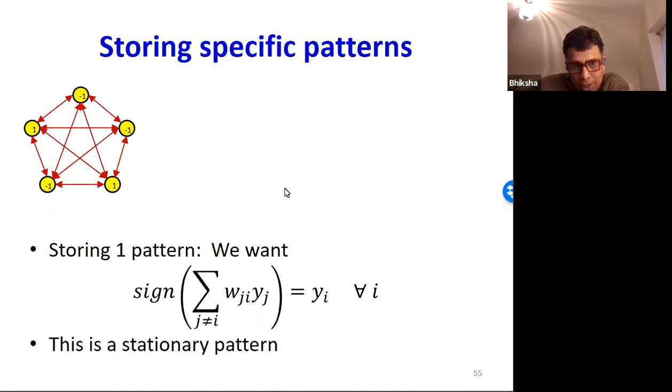So first thing, we wanted the pattern to be stationary, which meant that the sign of the affine function at each neuron had to be the same as the sign of the target bit. So if this happened, then the bits would not flip. So this was stationary.